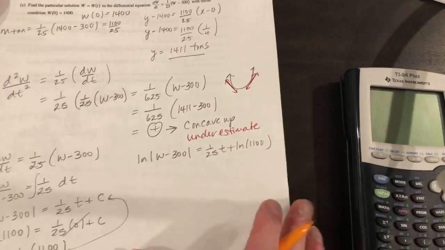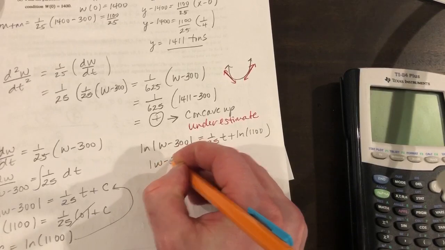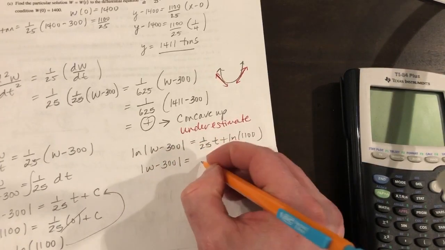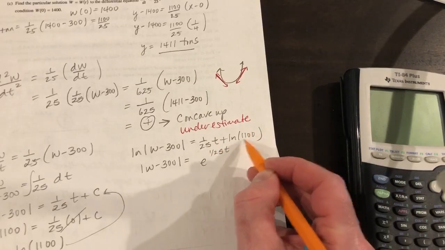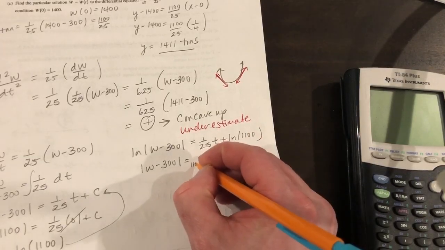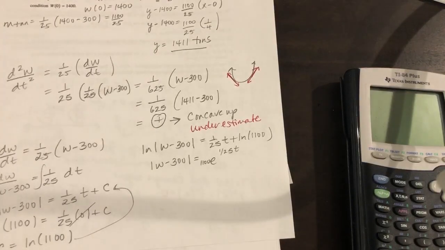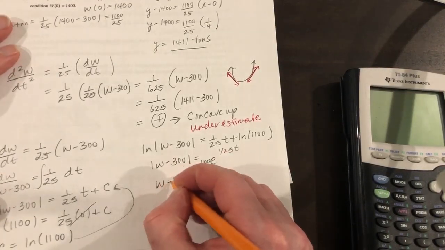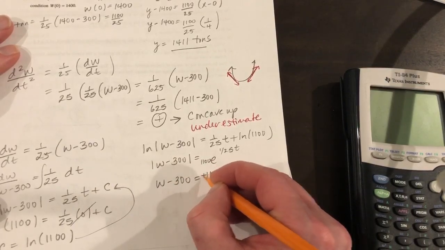Okay, so to get rid of natural log, we're going to E both sides. E to the natural log of 1100, we're going to take that 1100 and put it in front. Okay, last step is going to be drop absolute values, and we're going to put plus or minus.